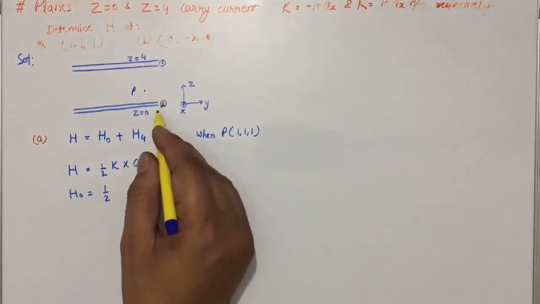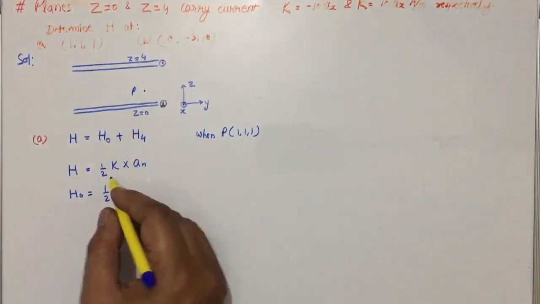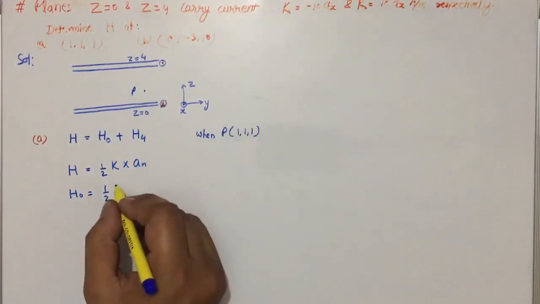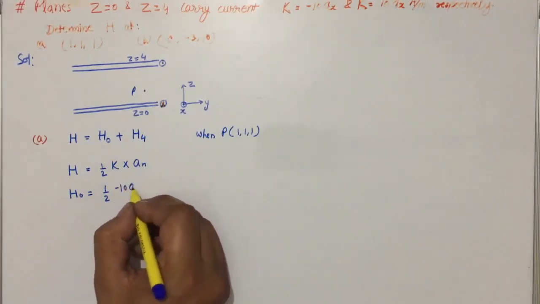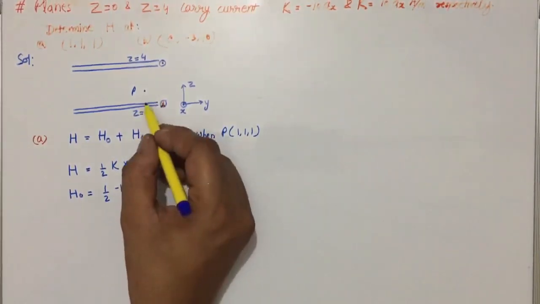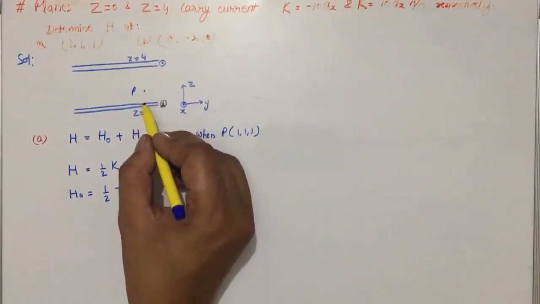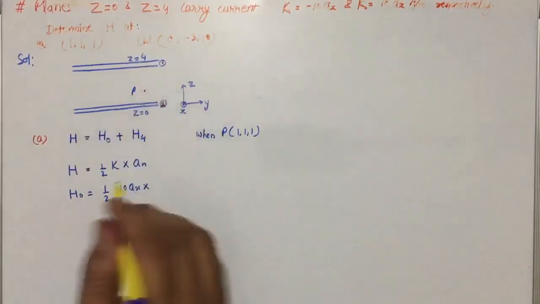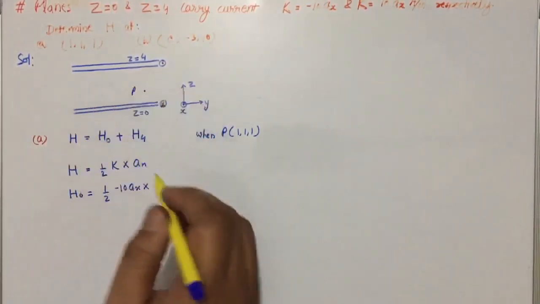For this one, it is going inside, so K is minus 10 AX, and AN is the normal vector to this direction. This is Z direction, this is Y direction, and this is X direction, minus X direction.